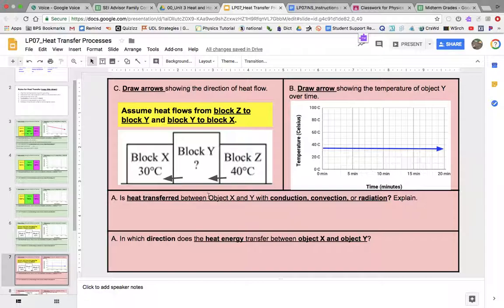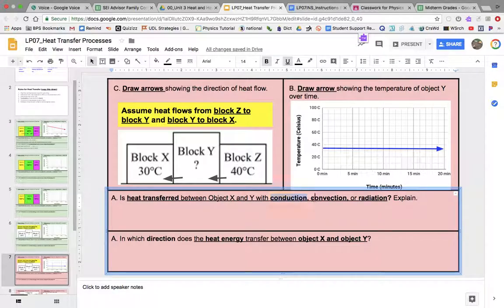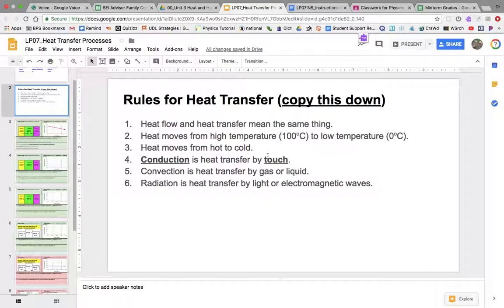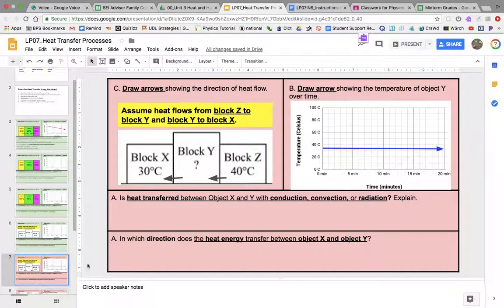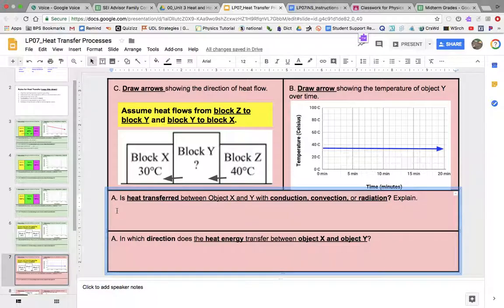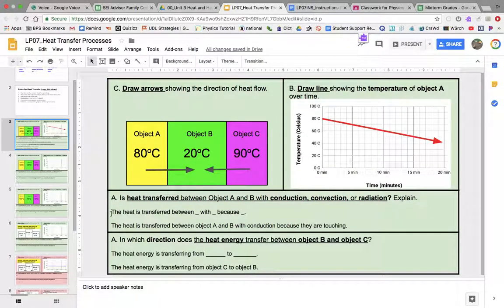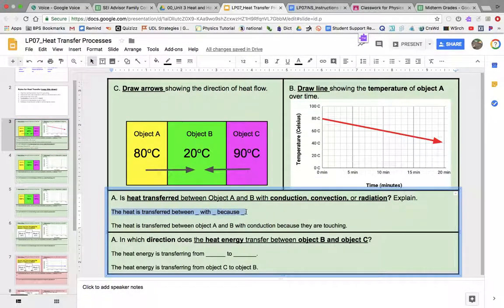Is the heat transferred between X and Y with conduction, convection, or radiation? And if I look at these two, they are touching. Touching means conduction. So I go back here and I'm going to use my form, the same form as this here.